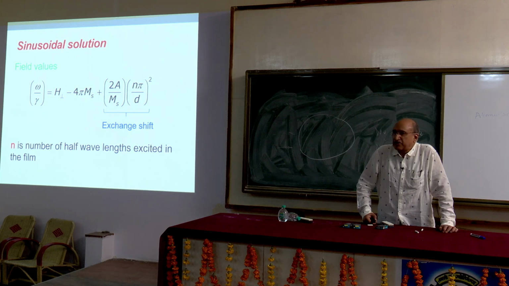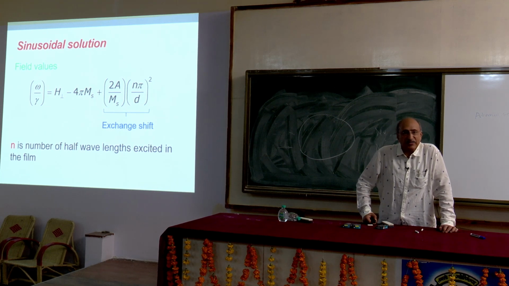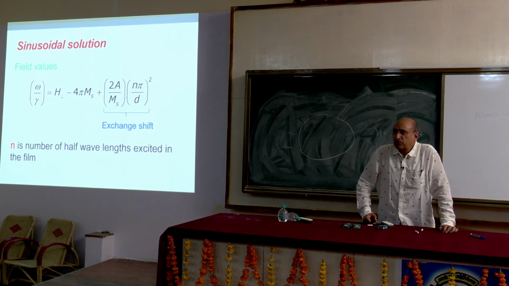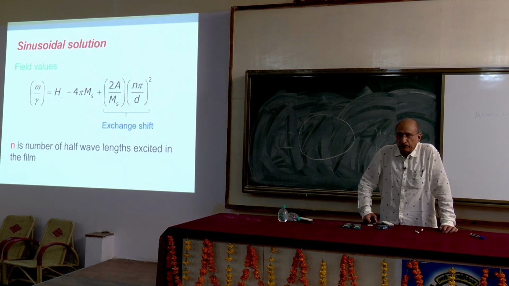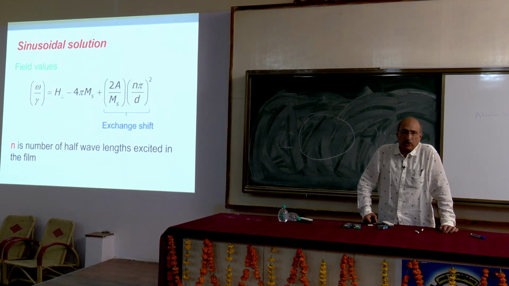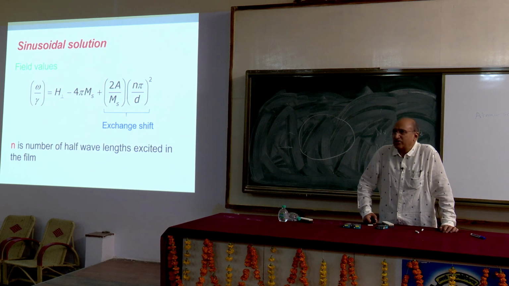When you are performing an experiment, you do not know what boundary condition has been applied. Most likely the boundary condition is none of these, but something in between. But rather than struggling with those boundary conditions, most experimentalists found a suitable way, which I will discuss. They just try to fit it with n square and try to estimate the value of the exchange.